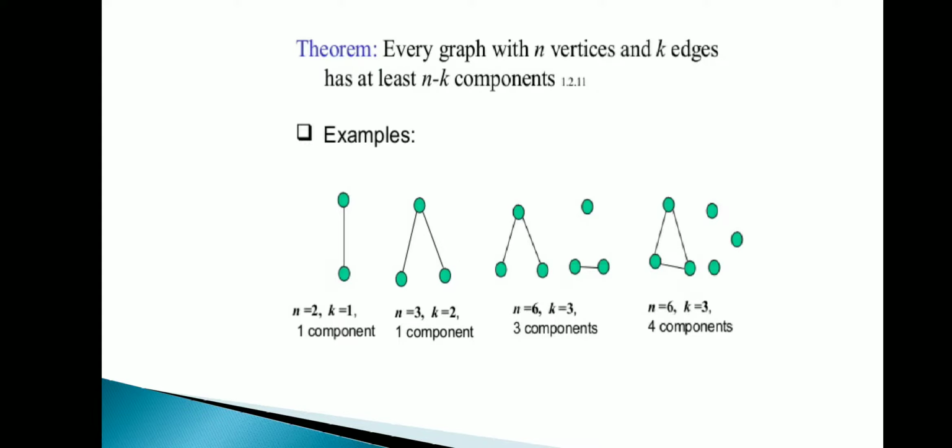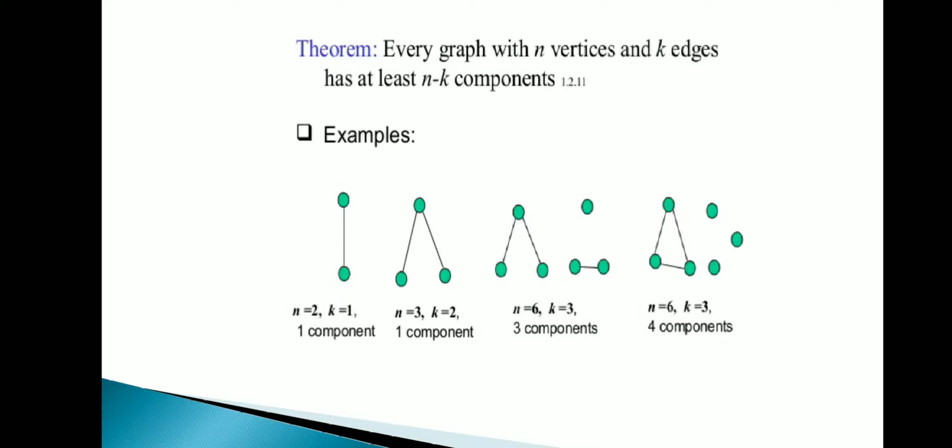For example, consider there are four figures. The first one is 2 points, 1 edge, so we get one component. And the second one is 3 points, 2 edges, one component. And the third one is 6 points, 3 edges, 3 components. And the last one is 6 points, 3 edges. We get 4 components.